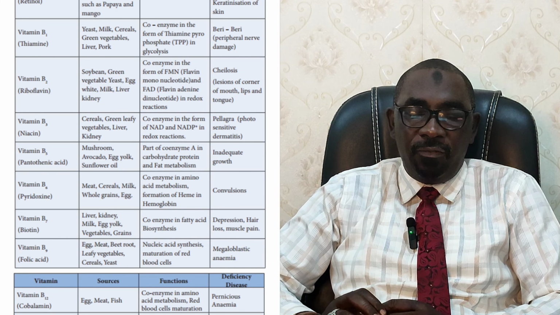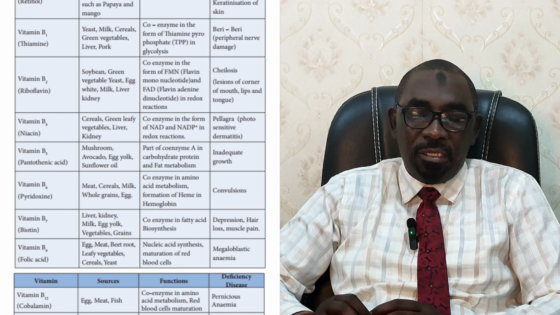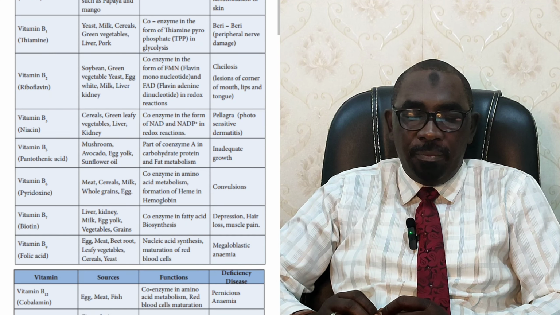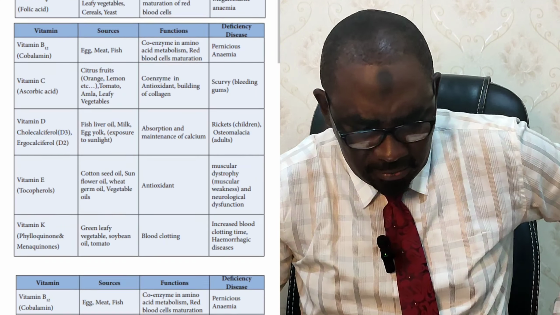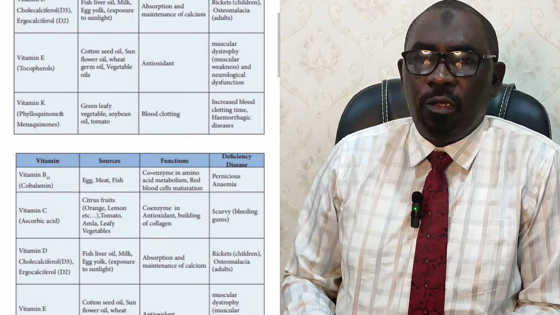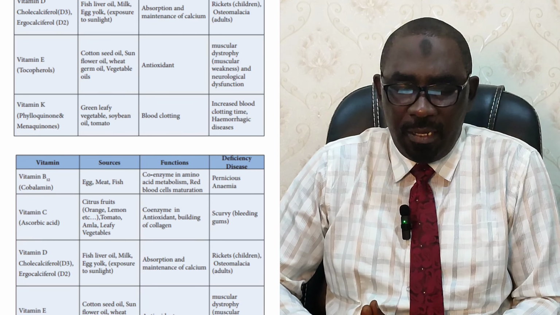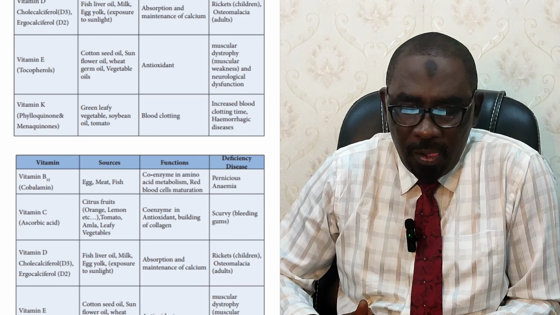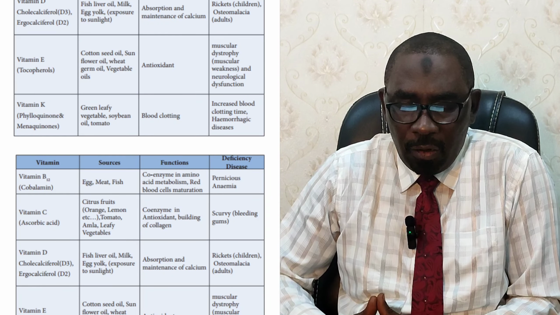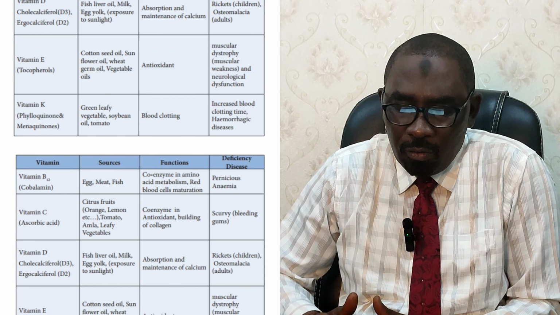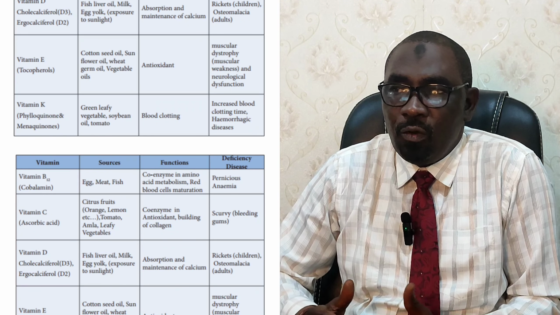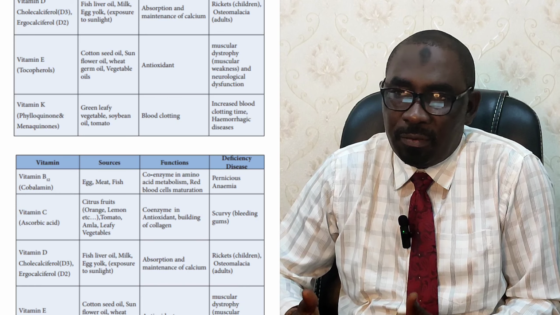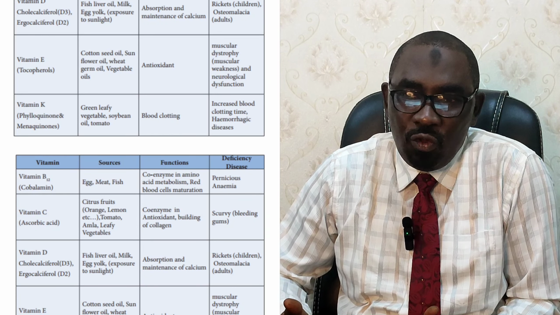So we also have in the B complex vitamins, vitamin B6, which is called pyridoxine, pyridoxal phosphate. This pyridoxine is found in mushrooms, in avocado pear, in egg yolk, sunflower oil, and also its deficiency brings about inadequate growth in humans.